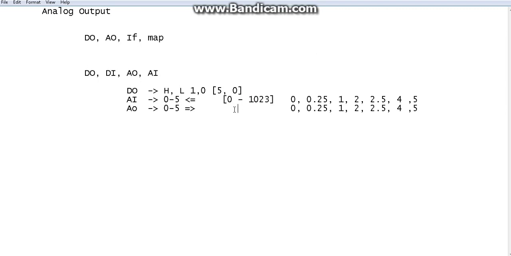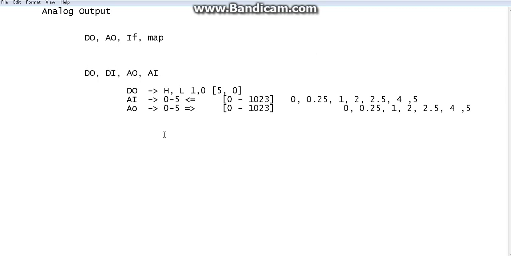We don't display it as voltage. We give only analog values. Likewise, when you are giving an output, we don't give it as 0 to 5. You don't write, please give analog output of 1 voltage. You don't write like that. You still have to write it in analog numbers, in this number range, let's say 0 to 1023.